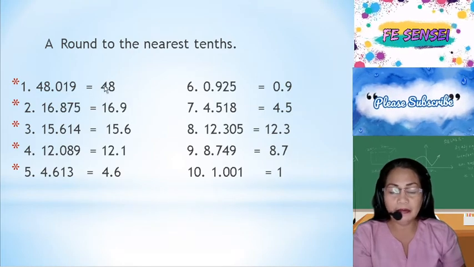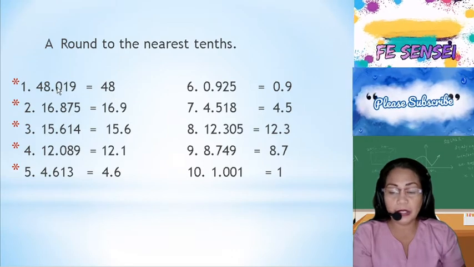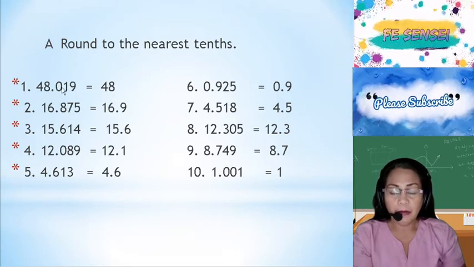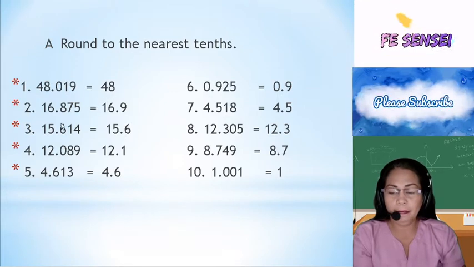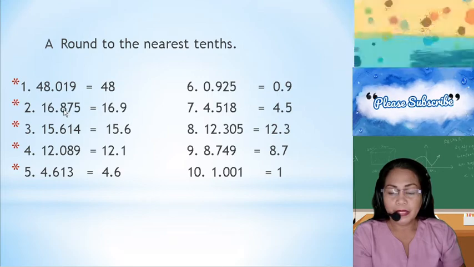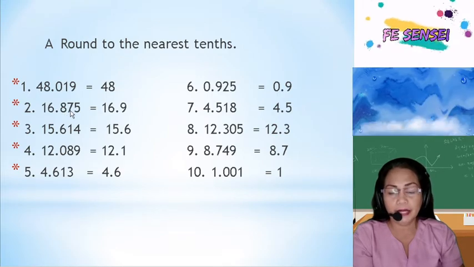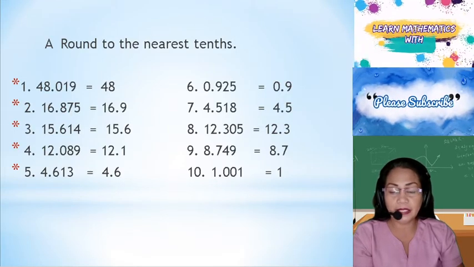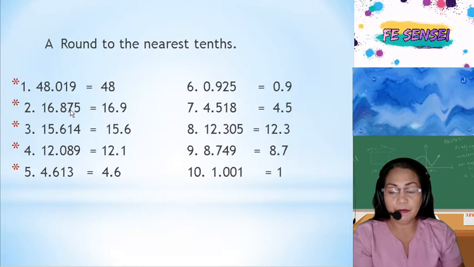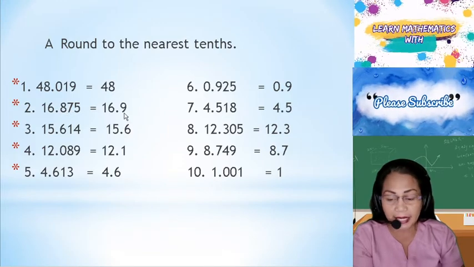But we can write it 48 without 0 because they are the same or equal. Number 2. The number in the tenths place is 8. The number to the right is 7. It's round up because 7 is more than 5. Therefore, add 1 to 8 and it becomes 9.